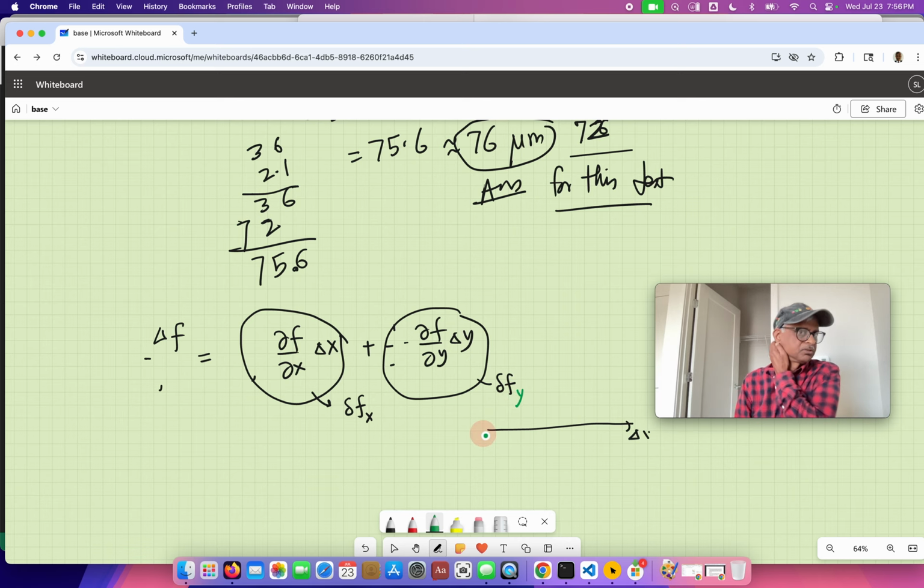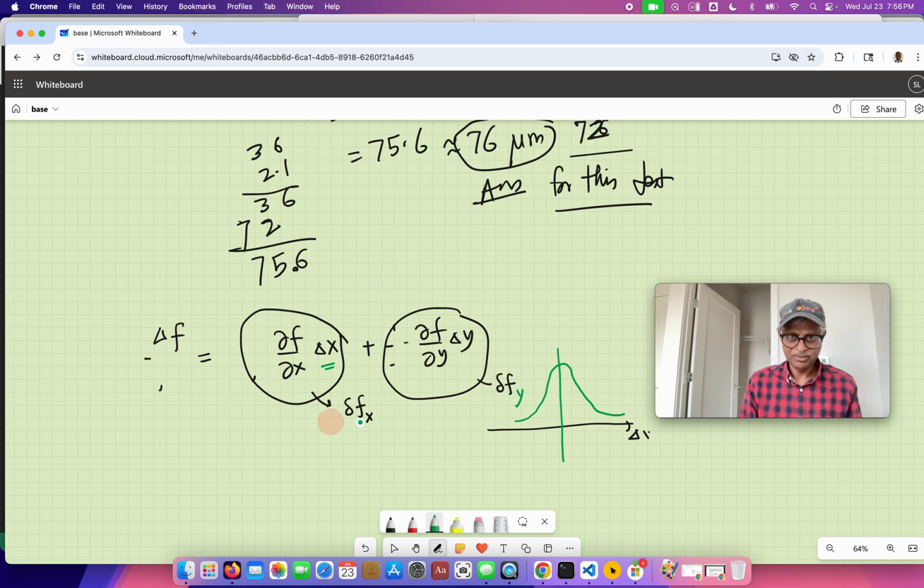It's easy to look at, you can get the idea. If you look at delta x, this is Gaussian, this is Gaussian, and this is Gaussian.